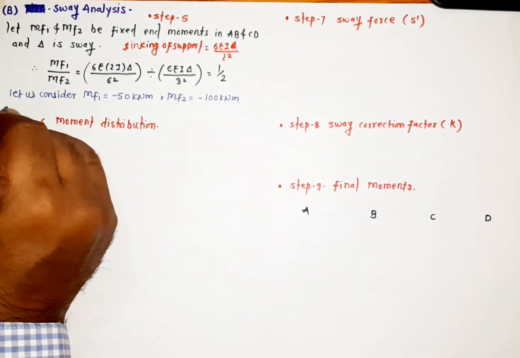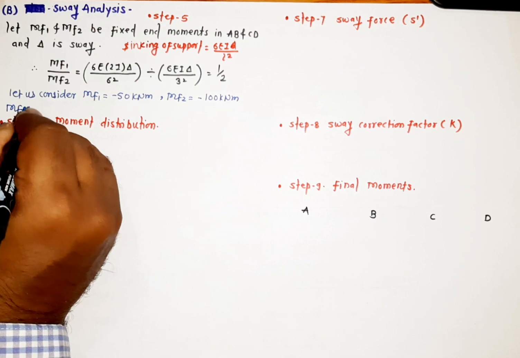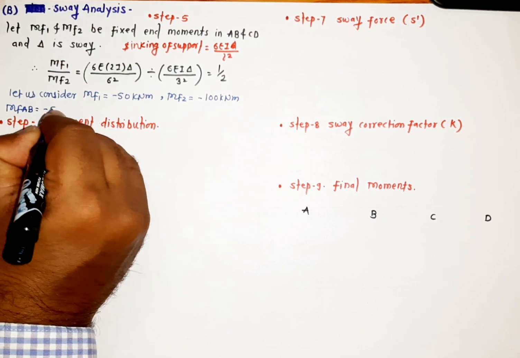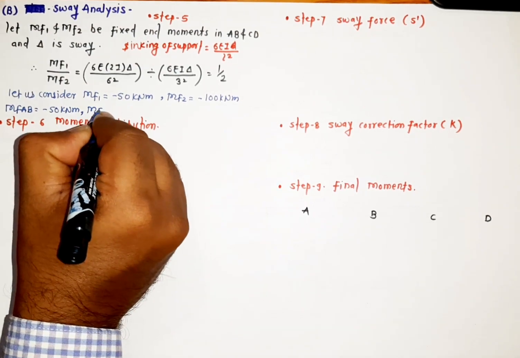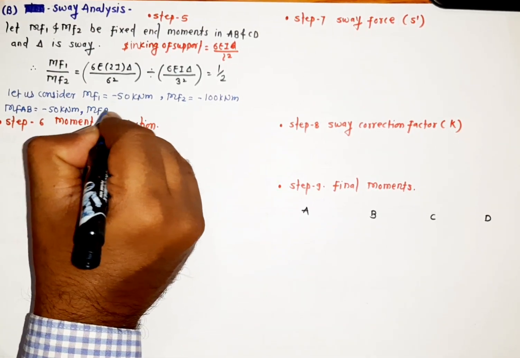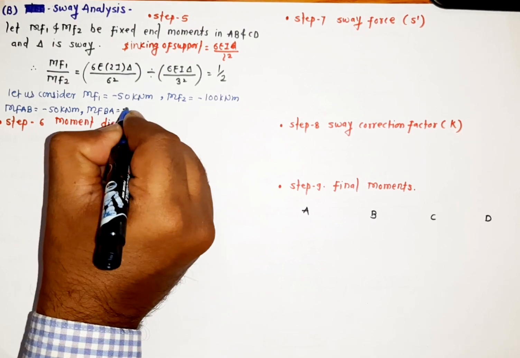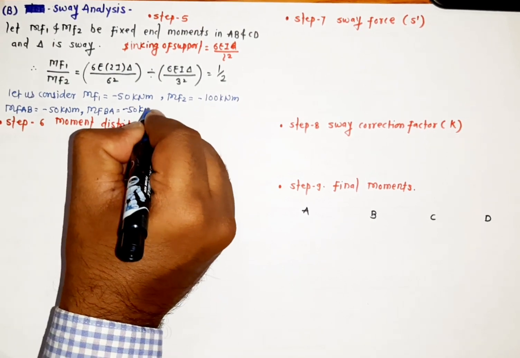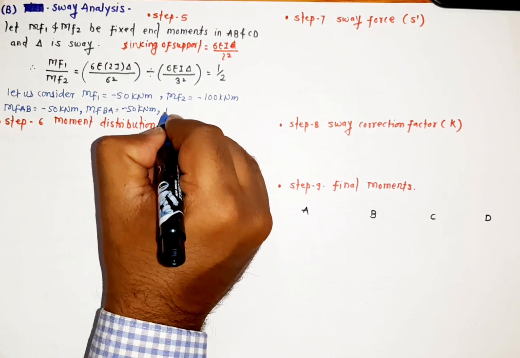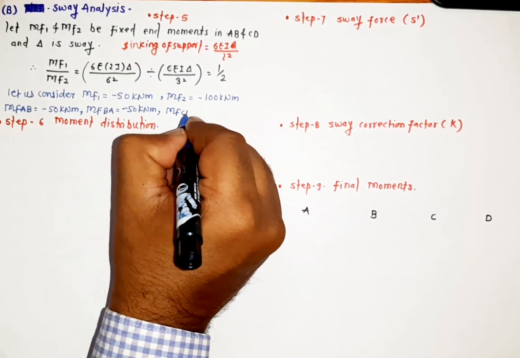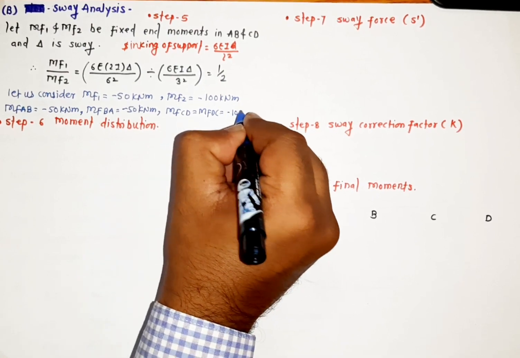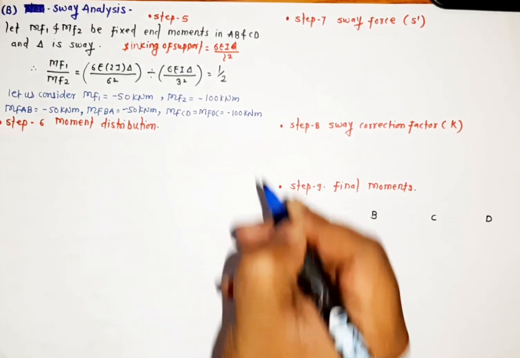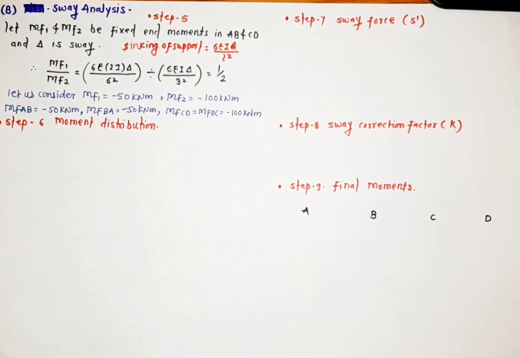That's why we can rewrite MFAB is equal to minus 50 kilonewton meter and MFBA is also minus 50 kilonewton meter. Similarly, MFCD is equal to MFDC is equal to minus 100 kilonewton meter. So this is all about our calculation regarding the fixed end moment.